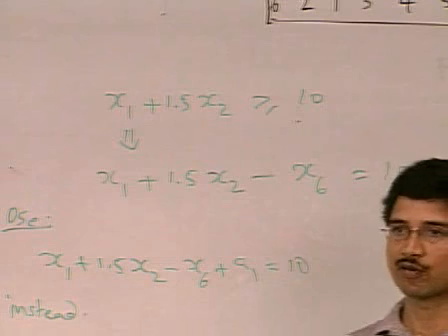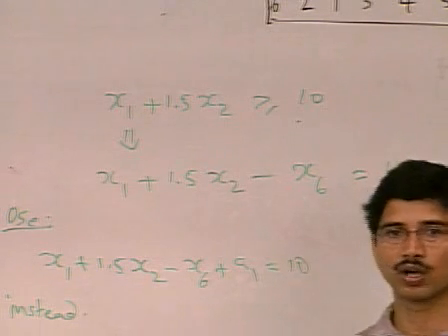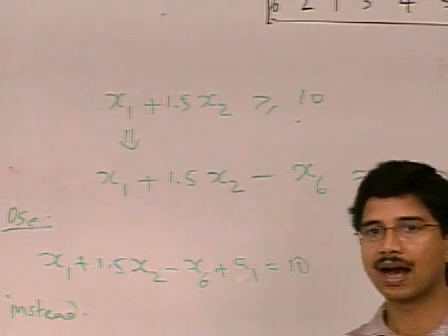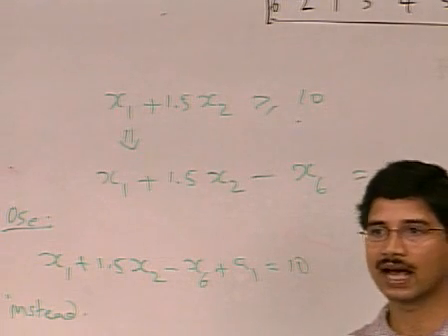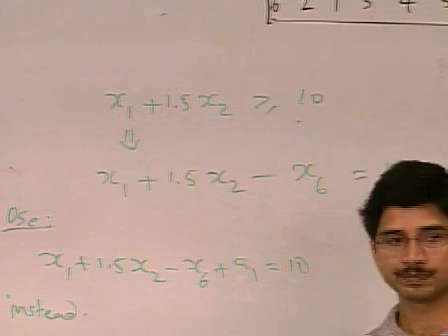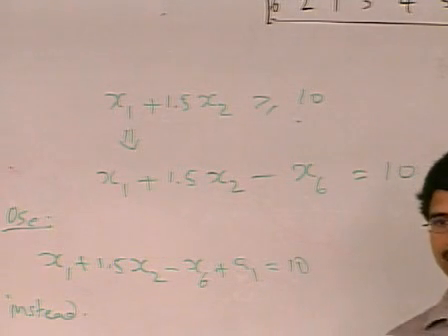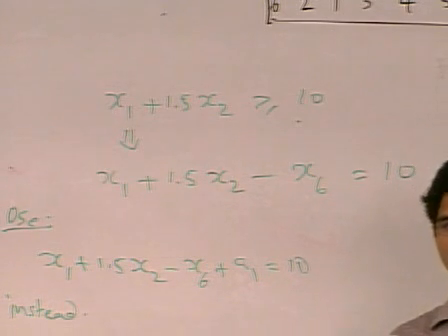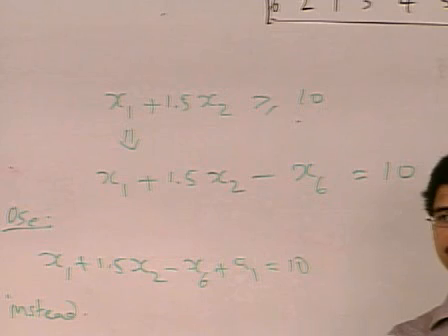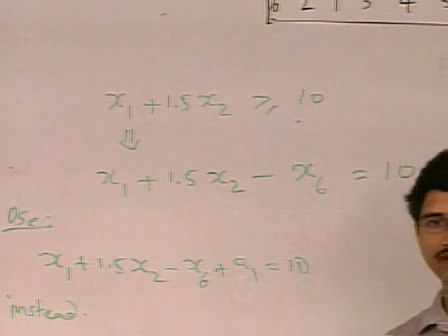The first objective function of the problem that you solve is called a phase 1 problem, and at the conclusion of phase 1 you will have one of two possibilities. You will either say that the original problem is infeasible and therefore we just stop, or you will find a starting solution for the original problem and then you'll continue doing phase 2.